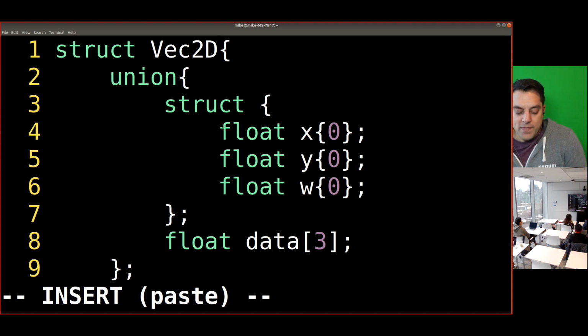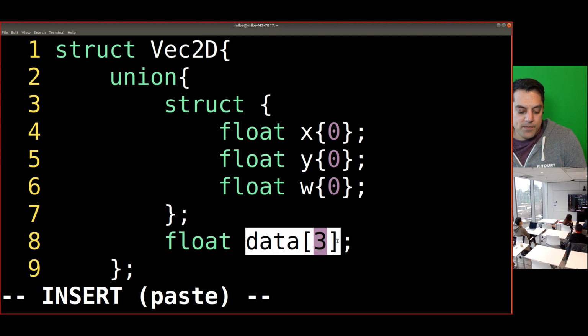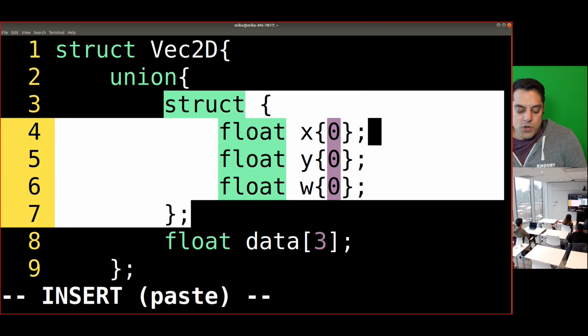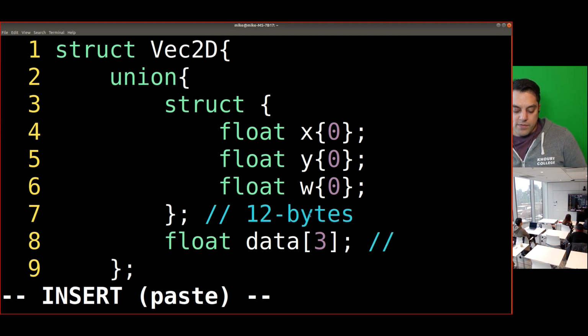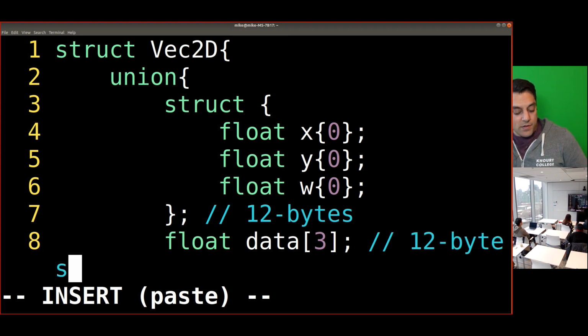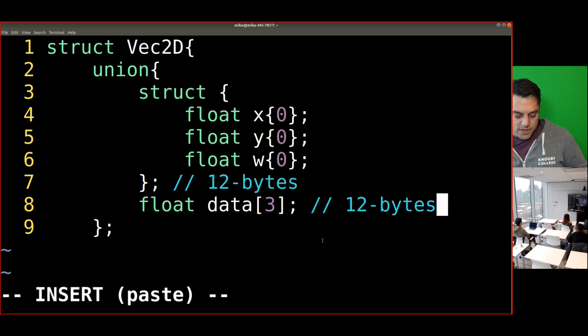In order to have the option of either accessing x, y, and w, or the array, I build in a struct, which is going to be 12 bytes of data, or I can use this array of 3 floats, which is also 12 bytes.